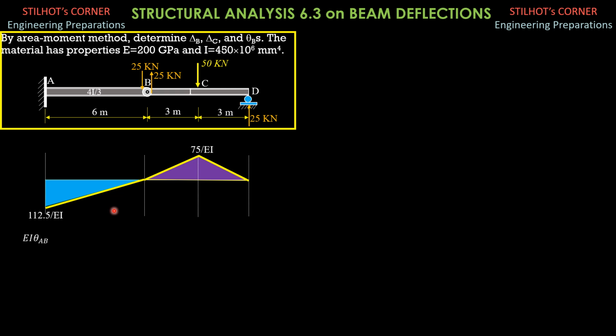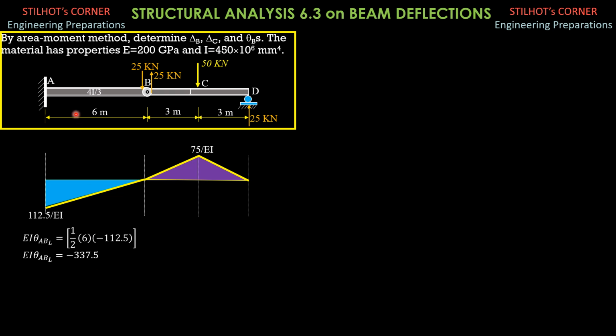So EI theta AB left is the area between A and B, and this is 1/2 of 6 times 100, negative 112.5. So EI theta AB left is negative 337.5.